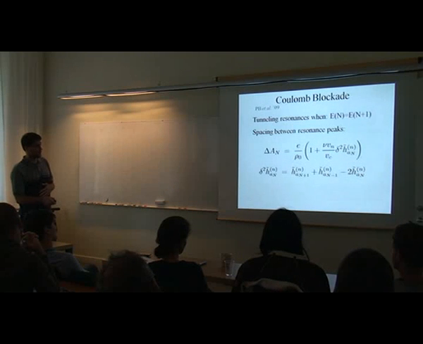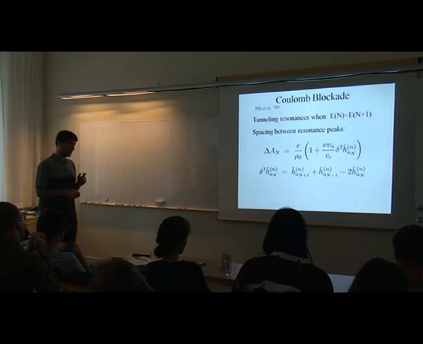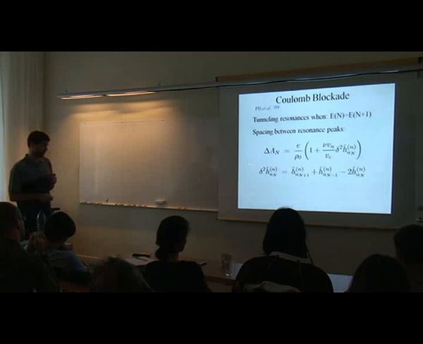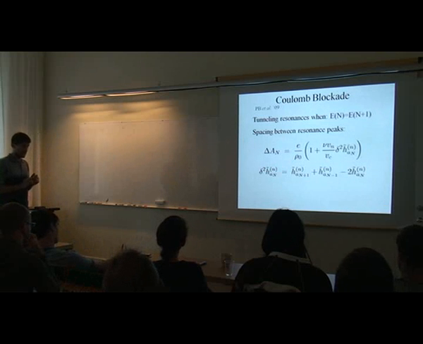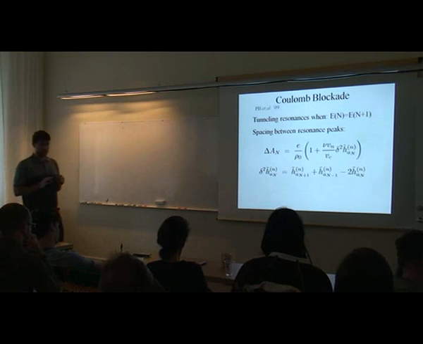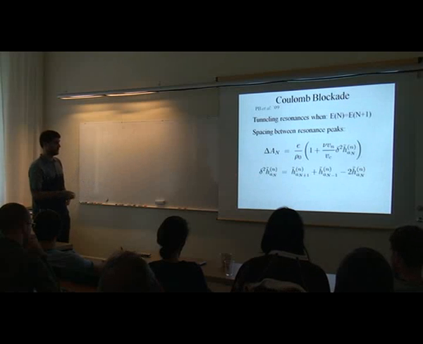So all you really need to know in order to compute the spacing between resonance peaks that you would have as a signature for Coulomb blockade experiments is the conformal weights of the neutral sectors of your quantum Hall state and the fusion rules.